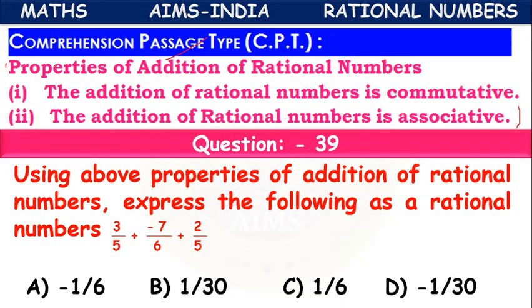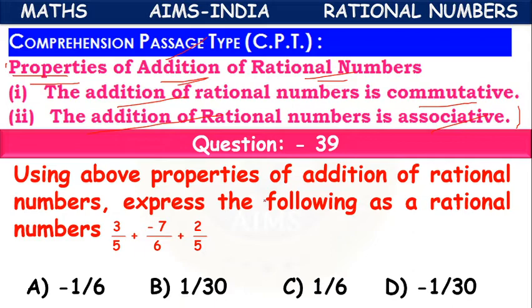In the passage they are telling the properties of addition of rational numbers: addition is commutative, addition is associative. They may also ask about the closure property, or sometimes the distributive property, related to that content.